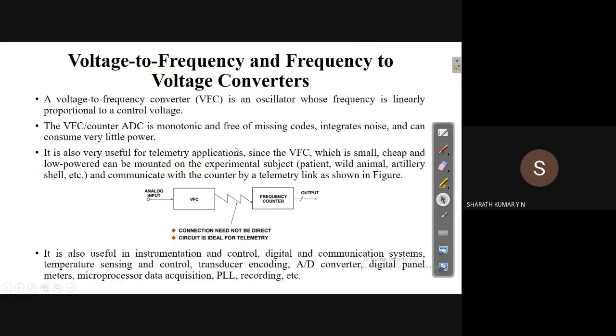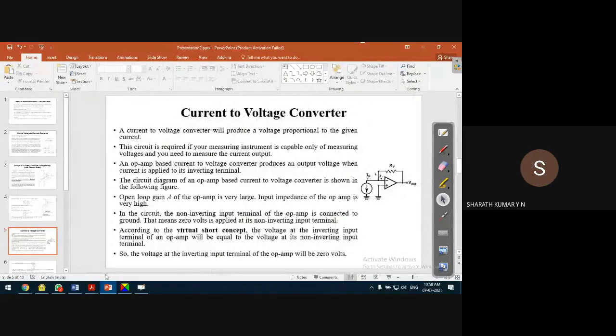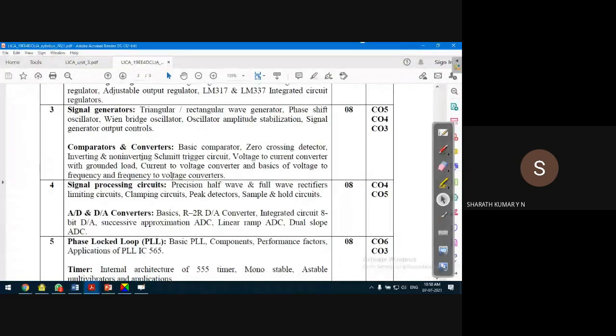Okay, this is a limited discussion on current to voltage, voltage to current converter, voltage to frequency, and frequency to voltage converter. Because this was the result after the discussion with Prem Kumar sir, because he said that we have only the basics.